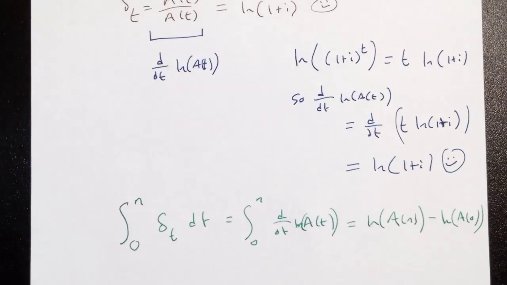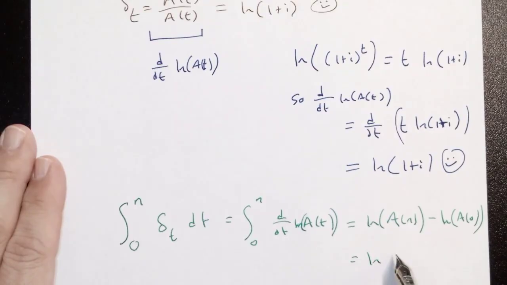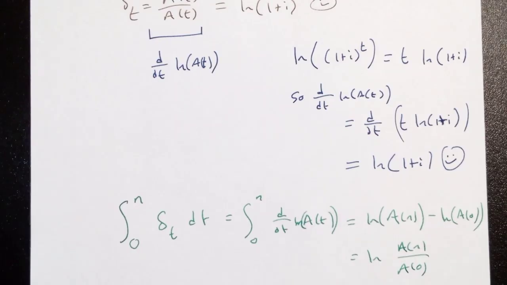Now, again, I'm going to be sneaky, and I'm going to say, hey, wait a minute. Property of logarithms. I'm subtracting. What happens? Divide. And A of 0 was my initial value, my principal.